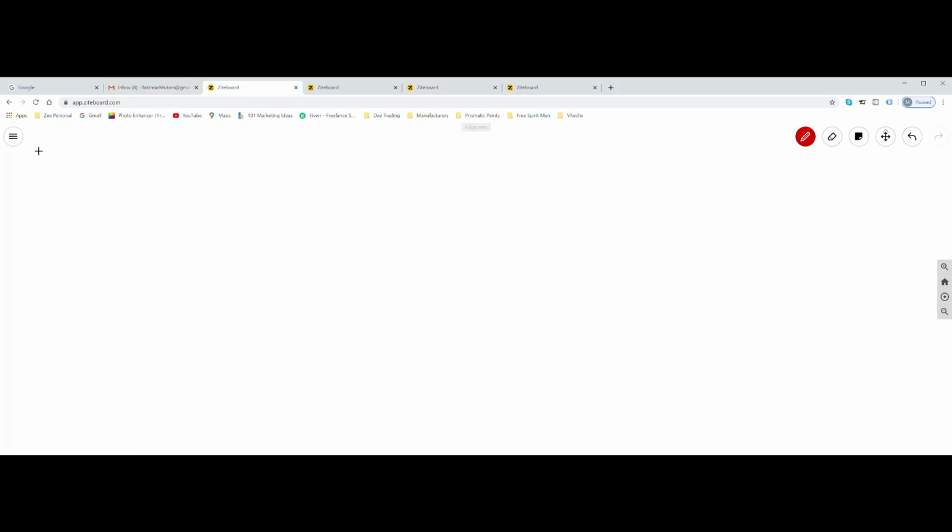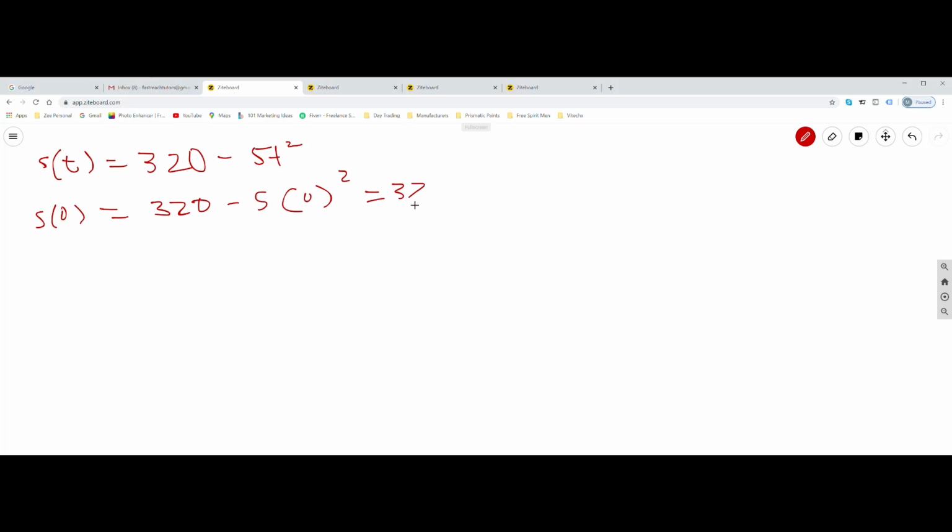So we're going to look at this one. s(0) equals 320 minus 5 times 0 squared, which equals 320. Let's find when t is 1. 320 minus 5 times 1 squared, which is equal to 5.